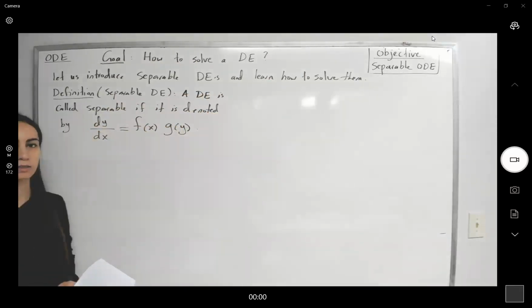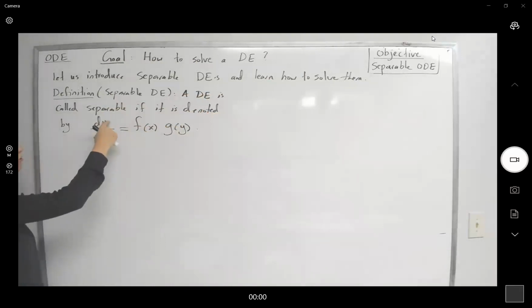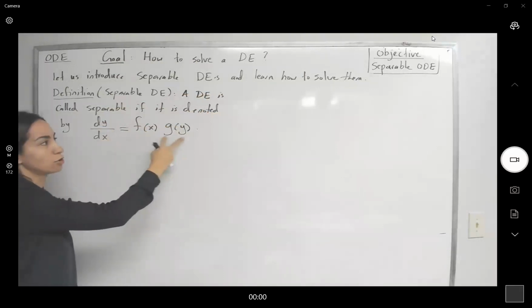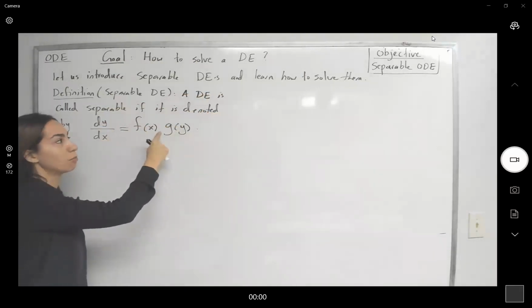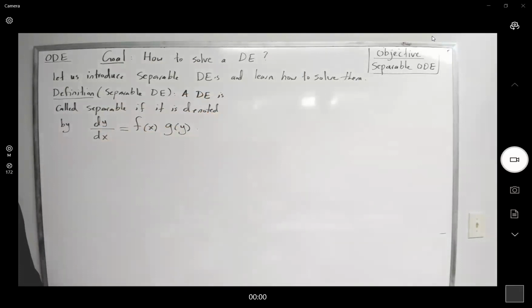So take a look at this. On the left-hand side, I have the derivative of y with respect to x. On the other side, I have two functions. They are multiplied together. The operation is multiplication, so be careful here. We don't see any addition. We don't see any subtraction.